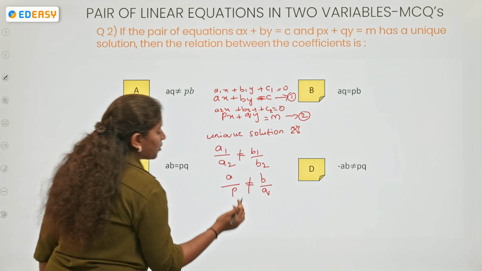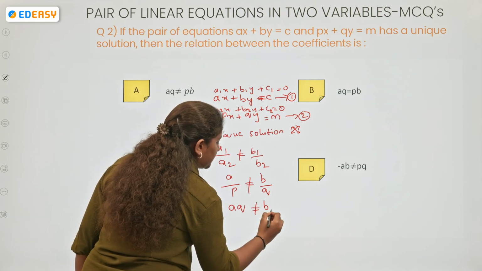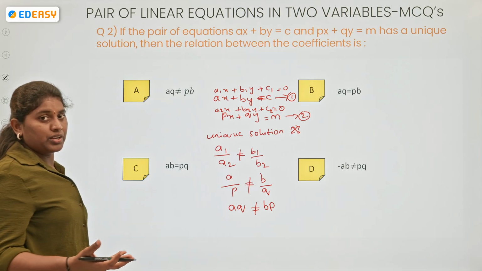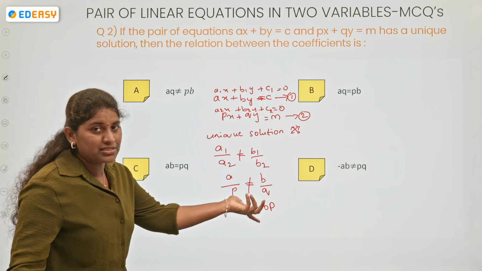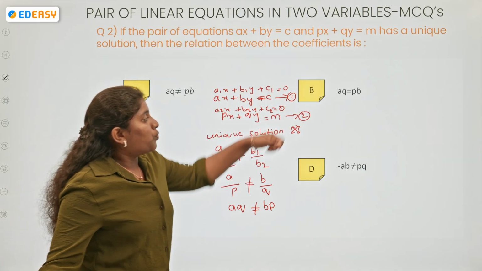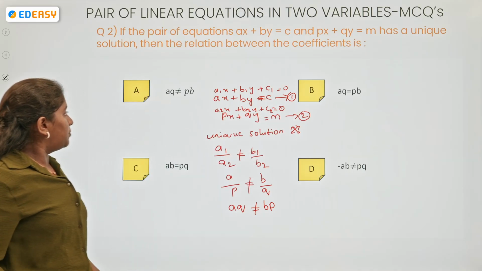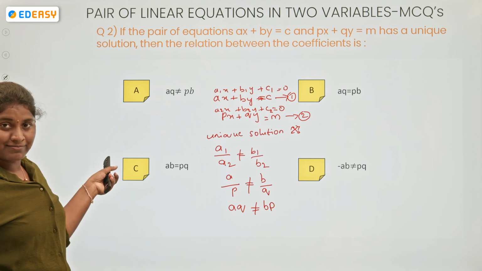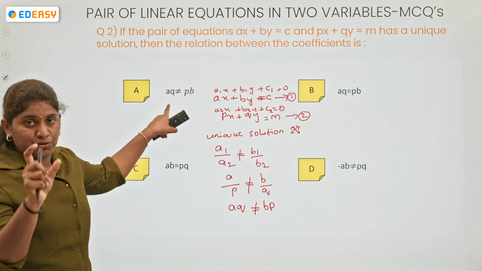Now, if you do the cross multiplication, AQ is not equals to BP or PB. AQ is not equals to PB or BP. Now, what is the condition here? AQ should not equal PB or BP. Now, what is the correct option? See, there you need to be very careful with the values.